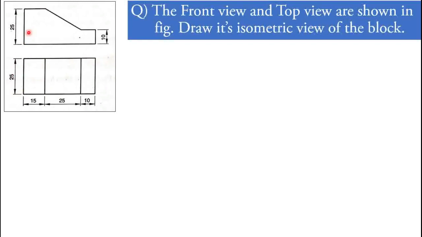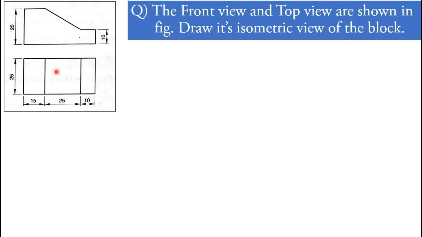By observing both views we can identify all three overall dimensions of the object. The front view shows the length, meaning the horizontal dimension is the length of the object, that is the overall length we have to identify. But here it is not mentioned in the front view, but it is given in the top view, which is also the length of the object. Here the dimensions are given as 15 plus 25 plus 10, that is 50 mm overall length.